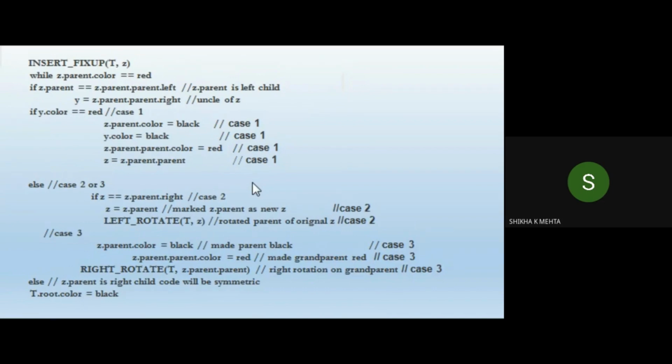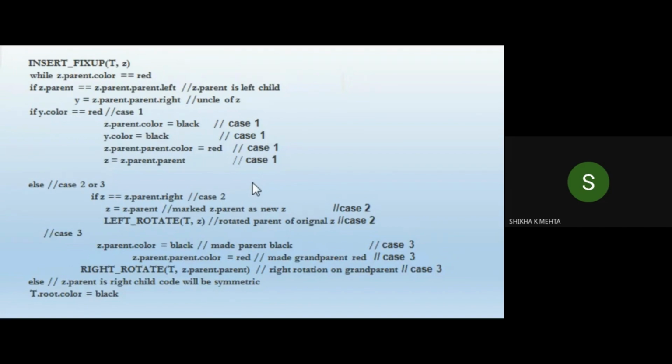So what do we do? We just have to apply the colors. We are changing the colors: z.parent.color is black, y.color is equal to black, and z.parent.parent.color is equal to red. That means the grandparent, right? And z is equal to z.parent.